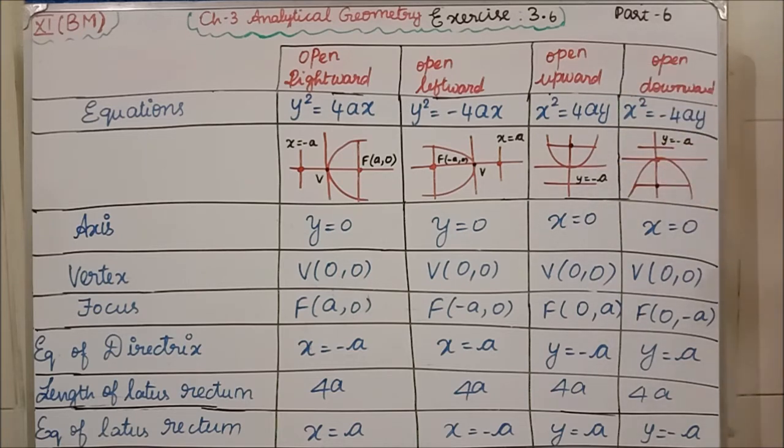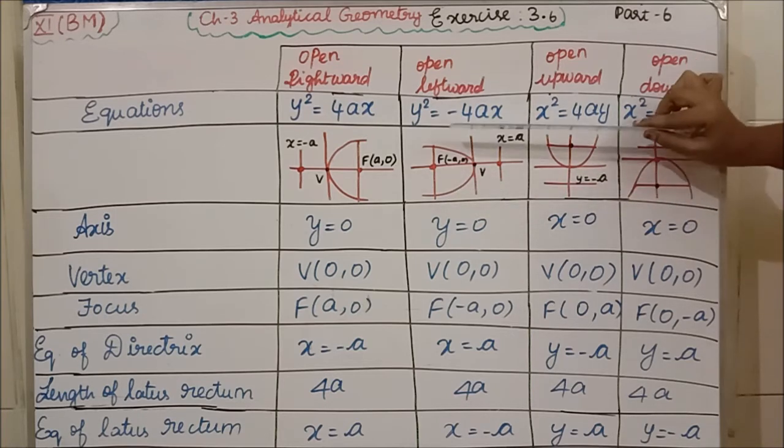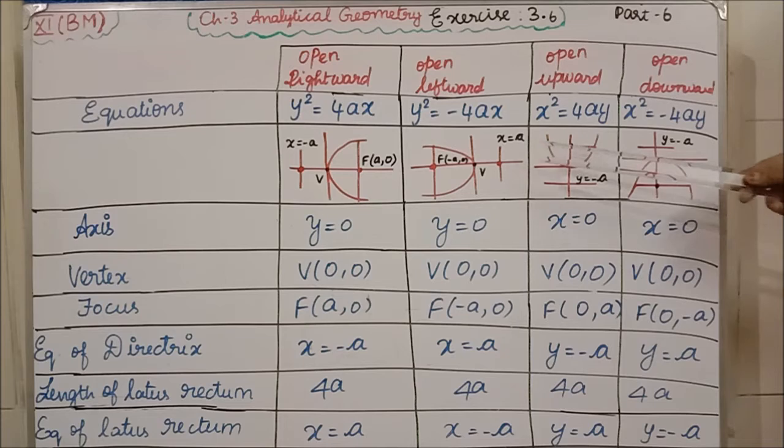The directrix is y equal to minus a. The equation of the latus rectum is y equal to positive a. Length of the latus rectum is 4a. For everything, the length of the latus rectum is 4a only.